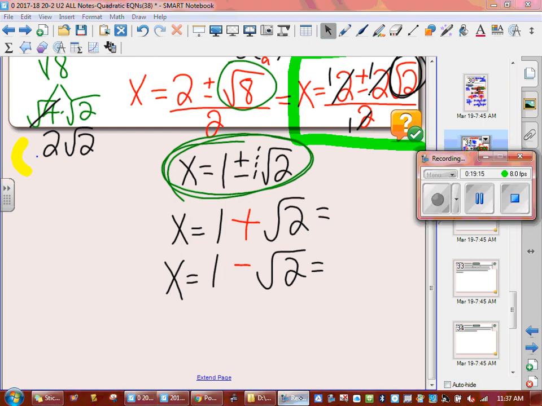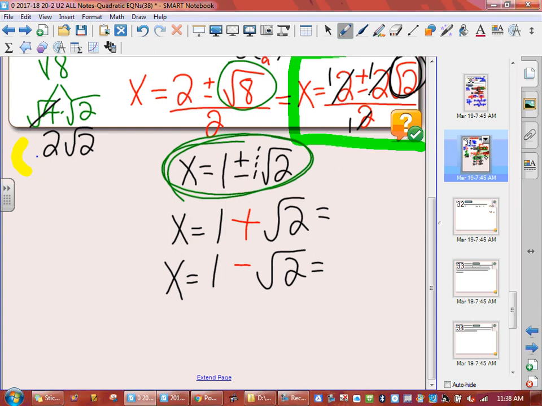So the first one we get is positive 2.41, and the second one is negative 0.41. Always round to 2 decimal places.